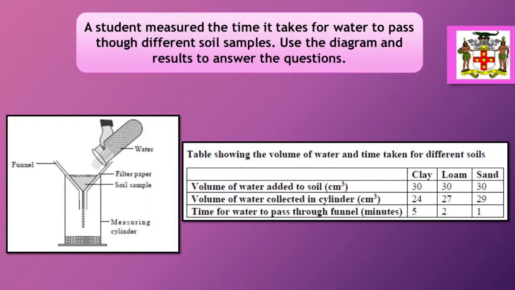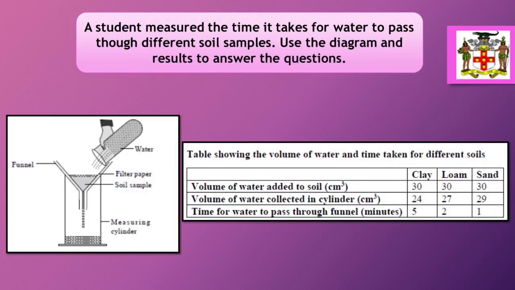Now, we're told that a student is measuring the time it takes for water to pass through different soil samples. And from the diagram, if we look carefully, the student is pouring water on the soil sample. The water is passing through, going into the measuring cylinder. And from that, the volume of water that passed through can be determined. Now we're given a table with different results.